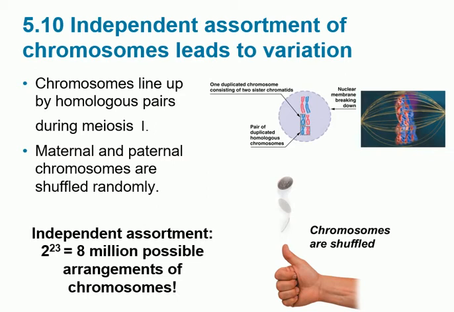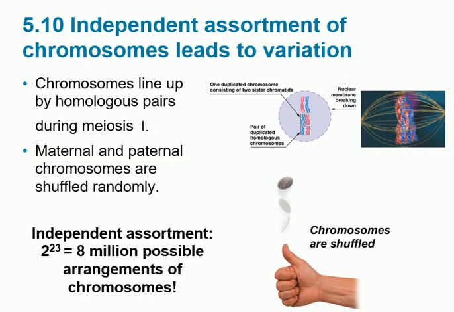Remember that we have meiosis 1 and meiosis 2? In sexual reproduction, we have meiosis 1 and meiosis 2. You're repeating, right? During meiosis, do you remember this part, the first part, when you line up here? So, which one will go with which one? You don't know. This is called random assortment, okay?